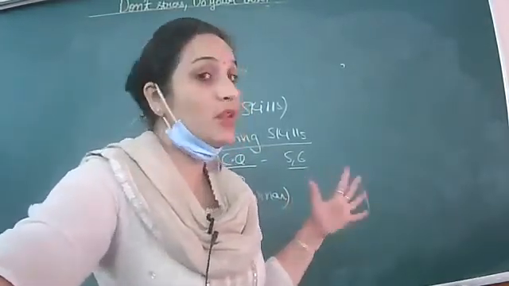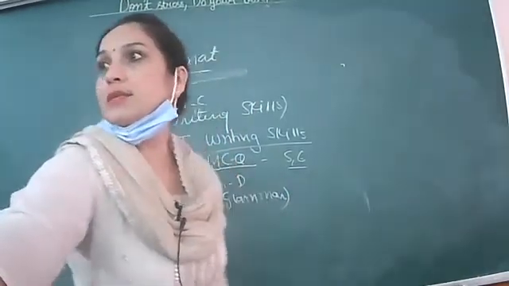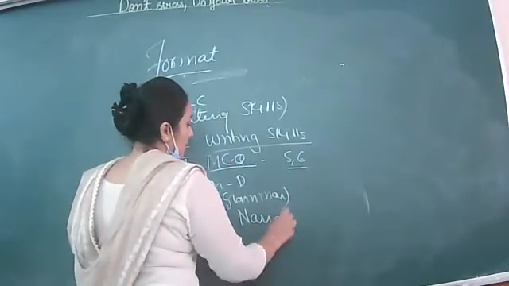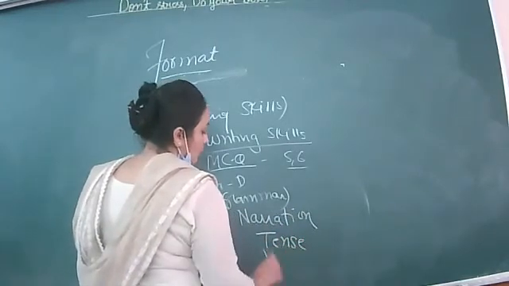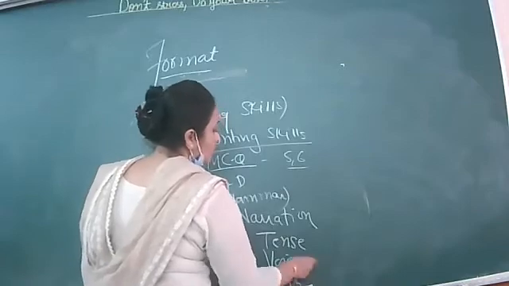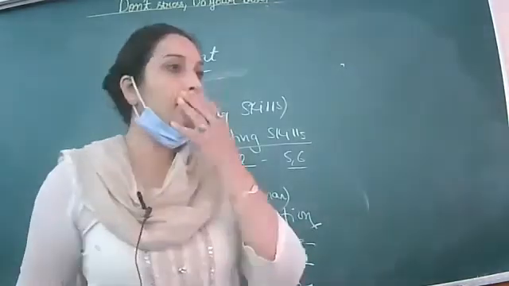This grammar will not be asked in MCQ form, so you have to revise it. Revise narration, tense, voice, verbs; all these topics I have written only for you. Revise all the topics for grammar.